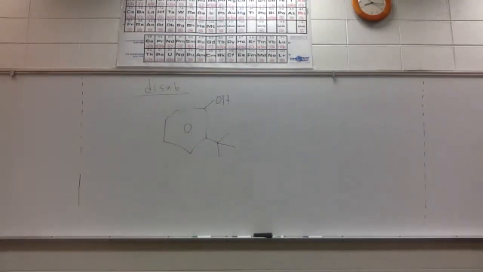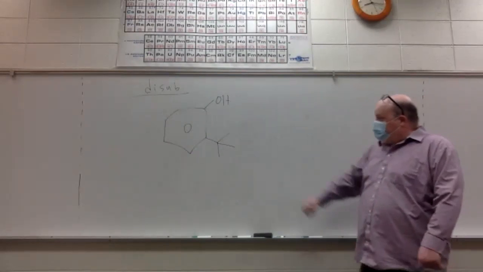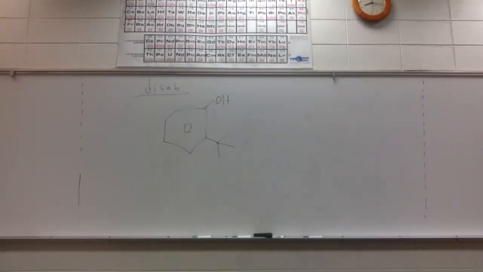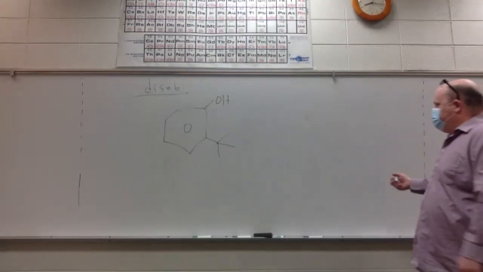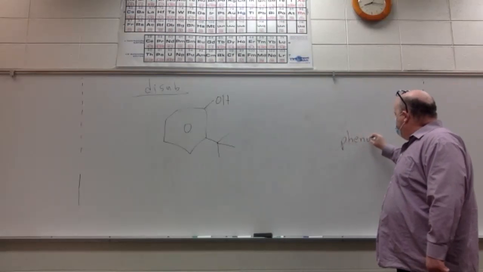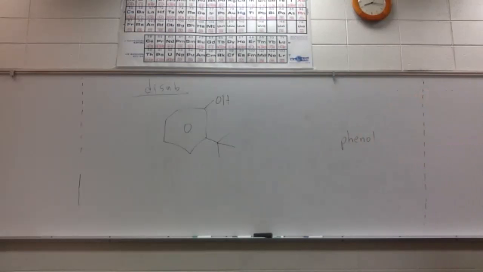Whenever you use one of the ones that has a special substituent in it, this is a derivative of which one of those three special ones? Phenol, right? So in this case, our parent name is not going to be benzene. Our parent name is going to be phenol.